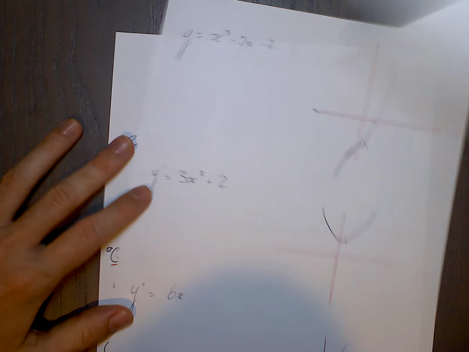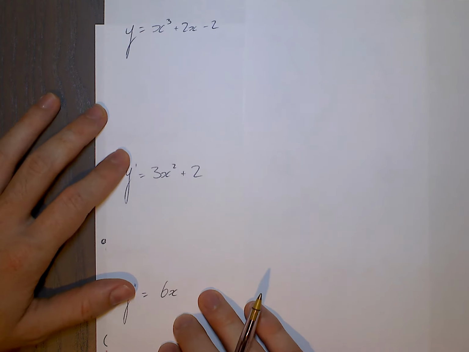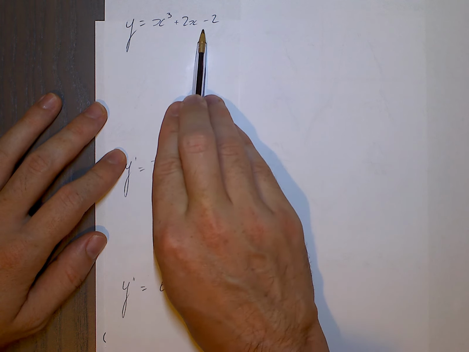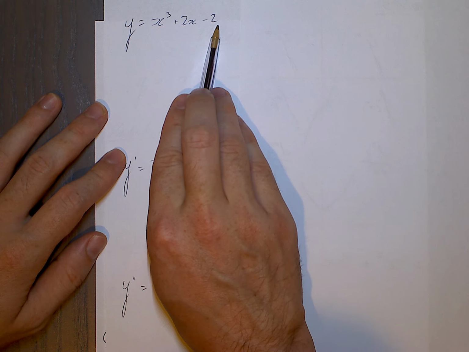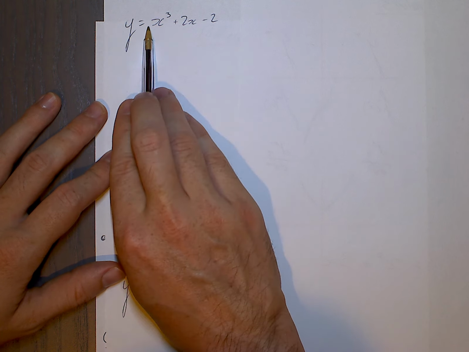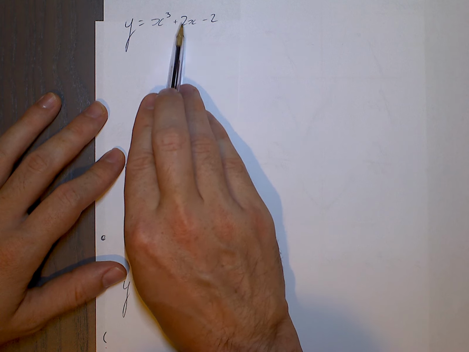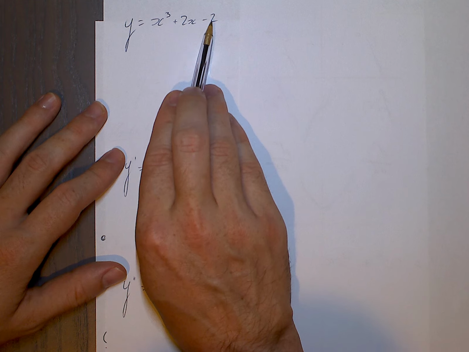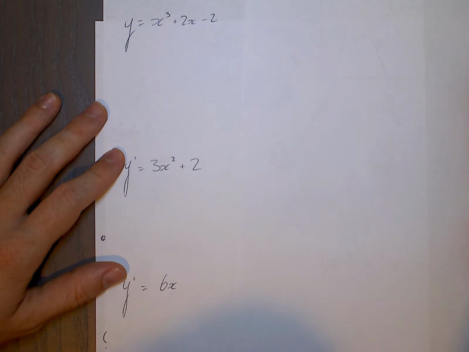Now, let's look at an example, and we're going to differentiate this twice. If we have this function, x to the power 3 plus 2x minus 2, and we differentiate that, we bring the 3 down to the front and minus 1 from the power. We get rid of the x in the 2x and make it 2, and the minus 2 doesn't have any component of x, so differentiating with respect to x, that just goes away.